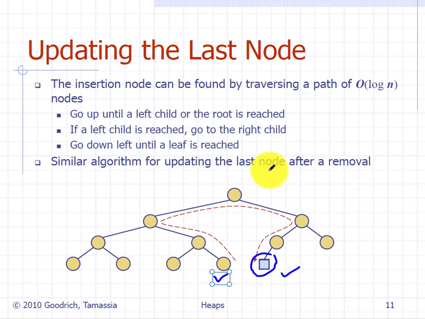This algorithm is pretty standard, and you could obviously make up another algorithm similar to this for updating the last node. Okay, it's pretty straightforward, and this could be hard coded because it doesn't change; it'll always be the same. All right.